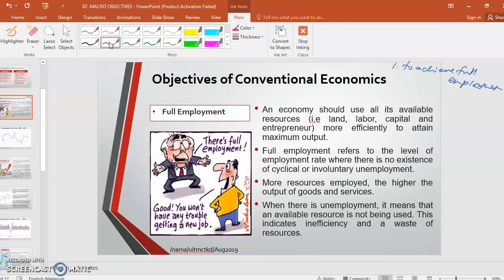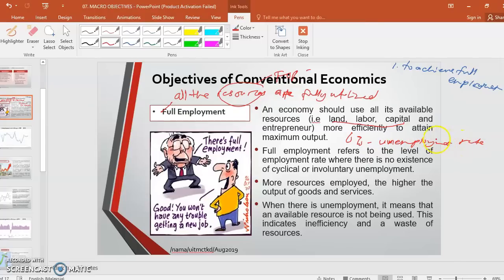The factors of production that you learned: land, labor, capital and entrepreneur. So kita gunakan sepenuhnya, but in reality tak ada negara pun sebenarnya yang full employment. Tak ada negara yang 0% unemployment rate.